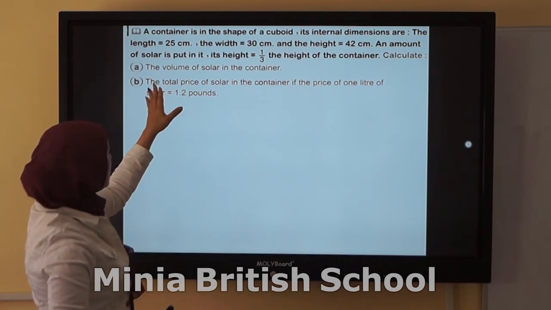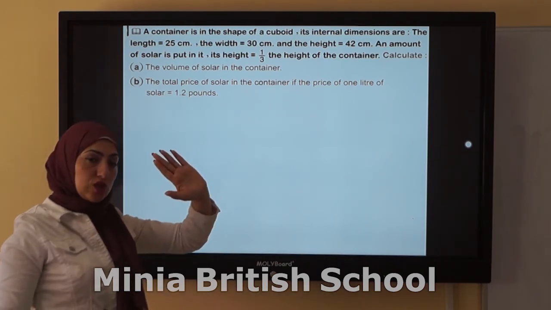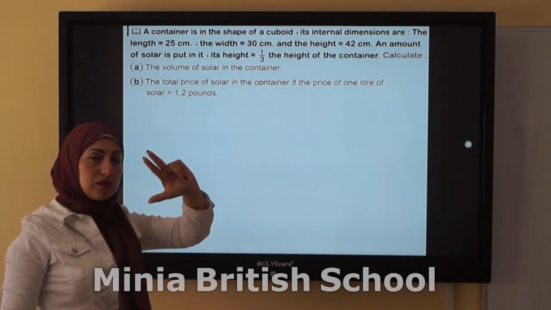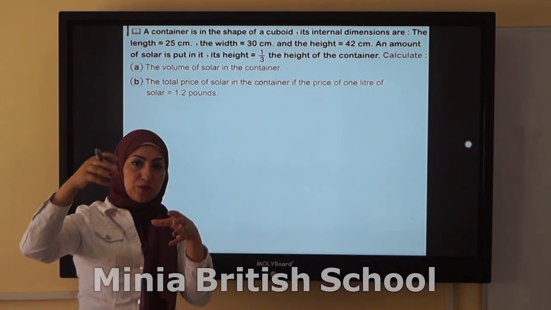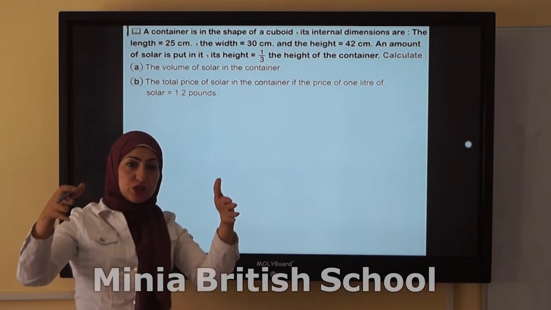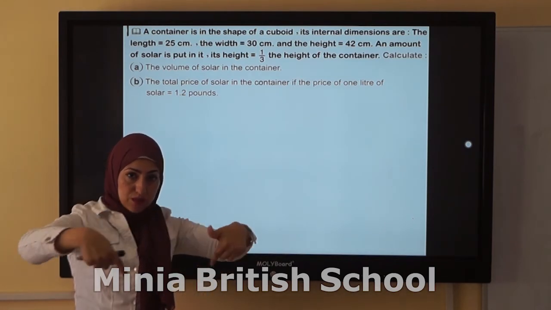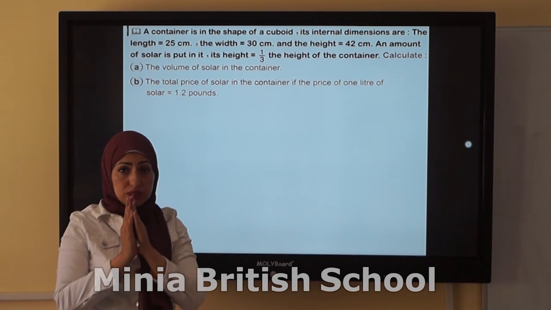The first one here, the volume. To get the volume, I need what? Length, width, and height. First of all, if I put the solar in a container, it will take the same length and the same width, right?